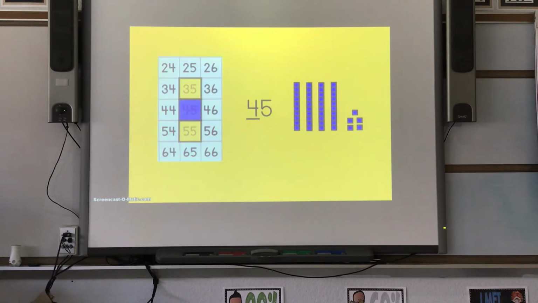If I wanted to check what 10 more would be, I would have to add another 10. 5 tens and 5 ones is 55, just like on the 100 chart when it told us that 55 was 10 more than 45.